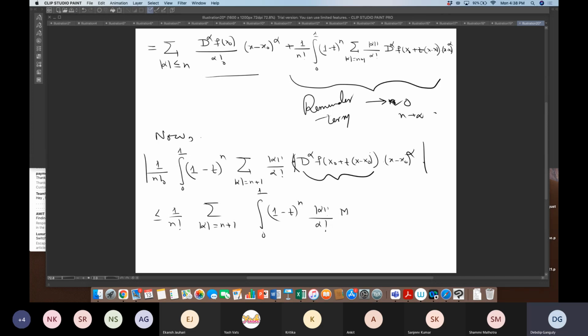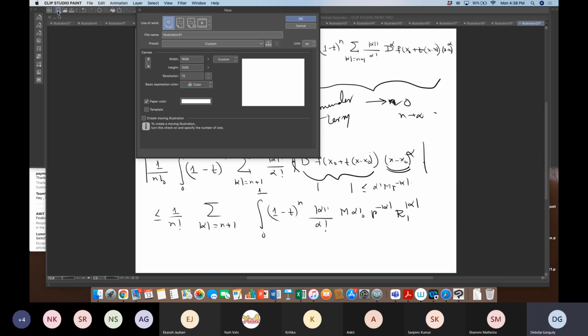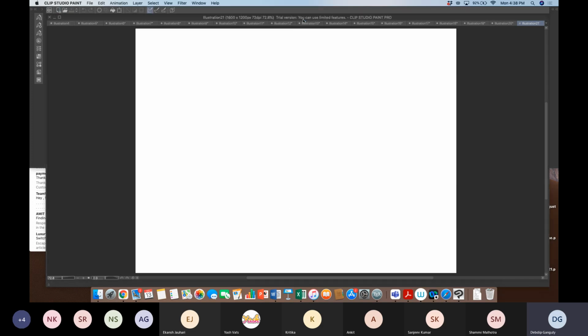If I use this, the modulus will be less than M into alpha factorial r to the power mod alpha. Okay, alpha factorial r to the power mod alpha, and this x minus x naught again you can write as r1. We know why I am writing this. So if I write it down, this is nothing but M into n factorial, n plus 1.